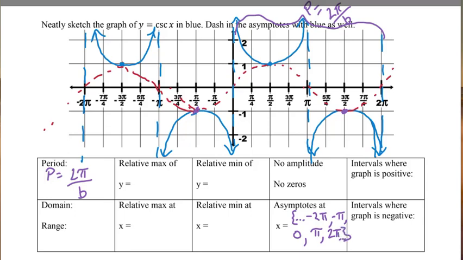Again, continuing. Intervals where the graph is positive. The graph is positive between negative 2 pi and negative pi, and between 0 and pi. Those are just two of the branches, so this pattern will continue. Negative 2 pi to negative pi, it's positive. And 0 to pi, it's positive.